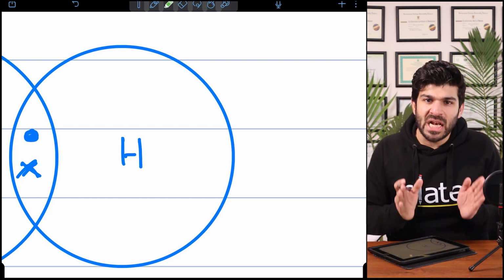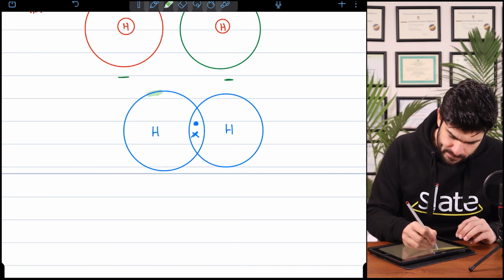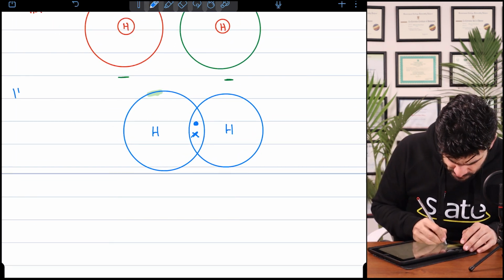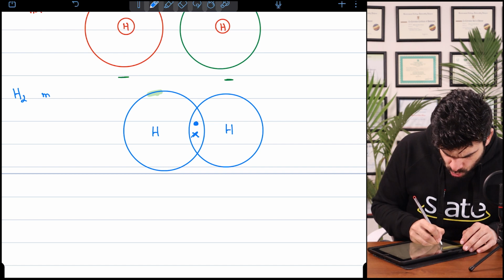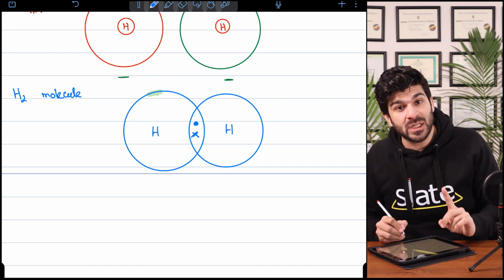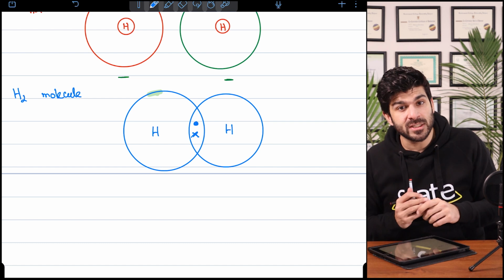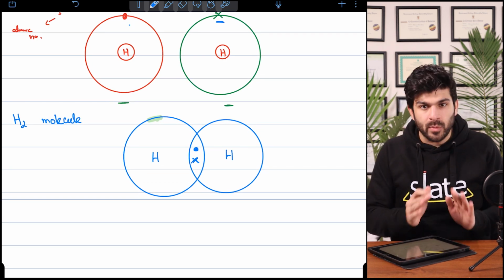So the shell is filled, hydrogen is stable, and what do we get? We get an H2 molecule. The electron pairs will also tell us about the bonding, but that we will discuss with the other examples. So that's what they do.